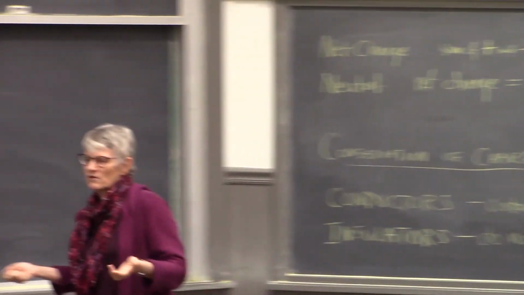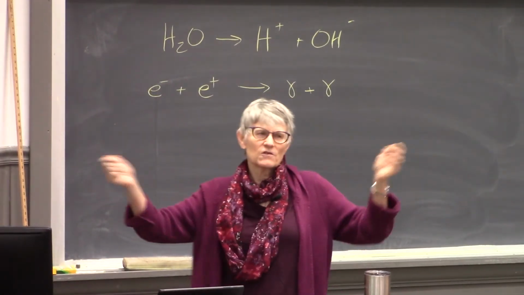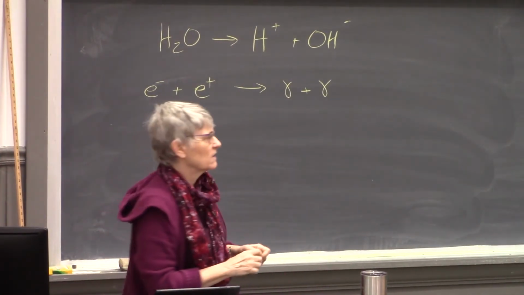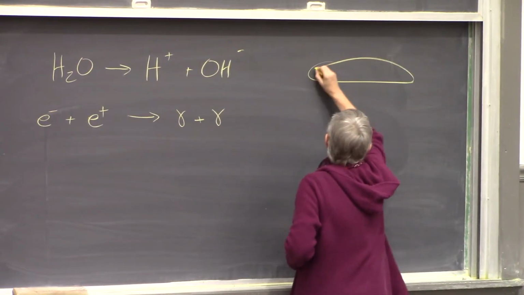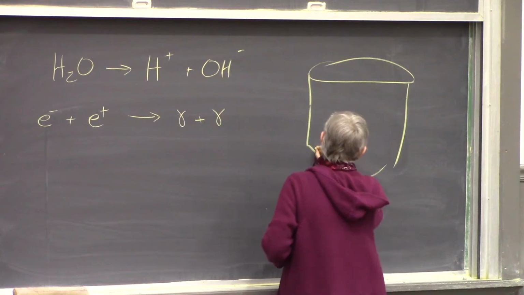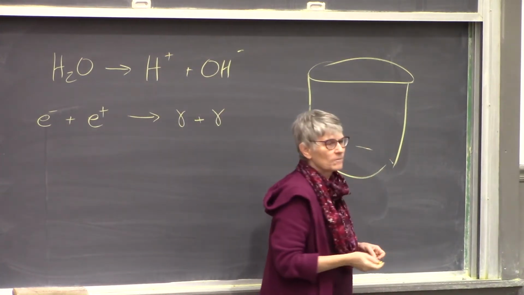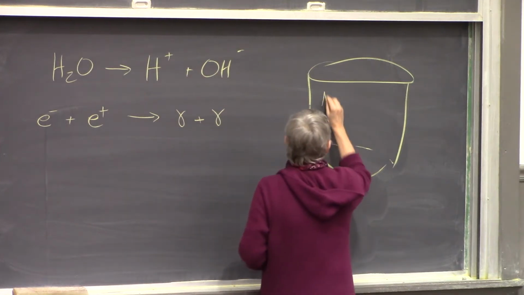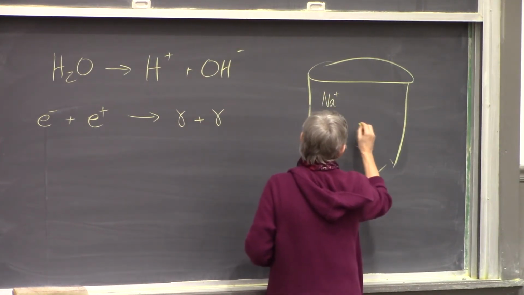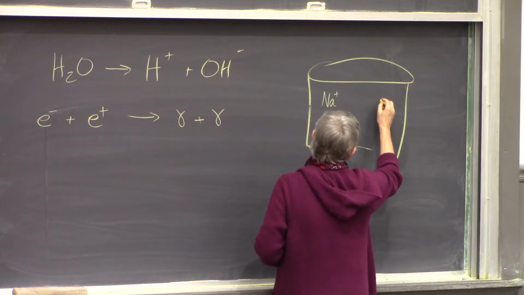Now what's a mobile charged particle? Well, it means a charge that's really free to move a long distance. So for example, if we had a beaker, a solution of salt water, so we've got lots of water molecules, but we've also got some sodium ions and some chloride ions.